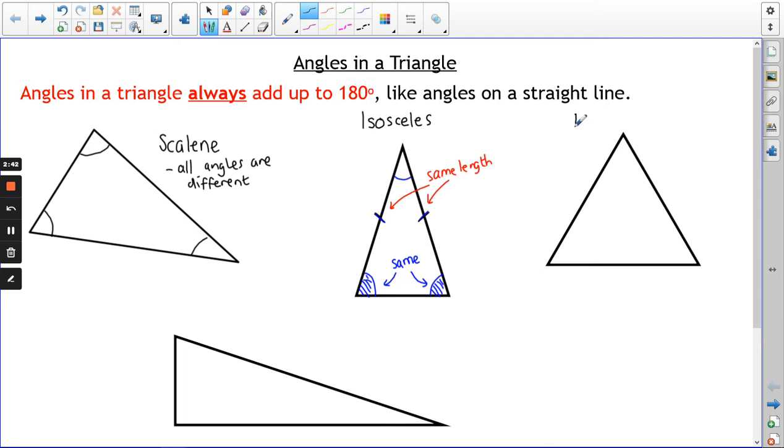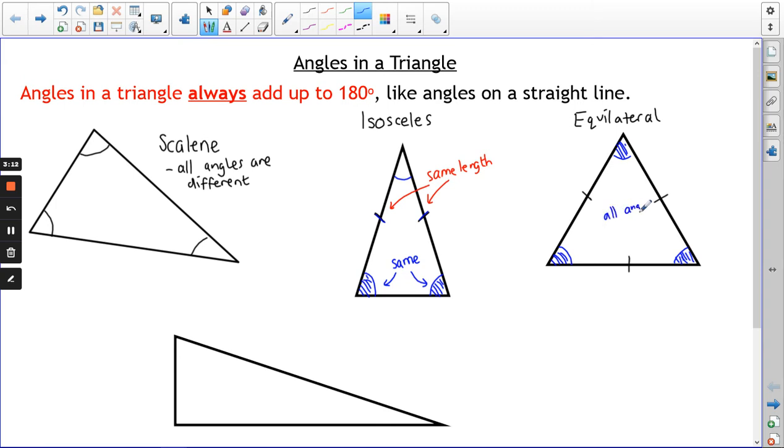The third triangle here is called an equilateral. That's even more special than an isosceles because on an equilateral triangle, all of the sides are the same length. So I put a dash on all three sides because they're all equal in length, and all of the angles are equal. So I can colour in all three: 1, 2, and 3, and they're all the same.